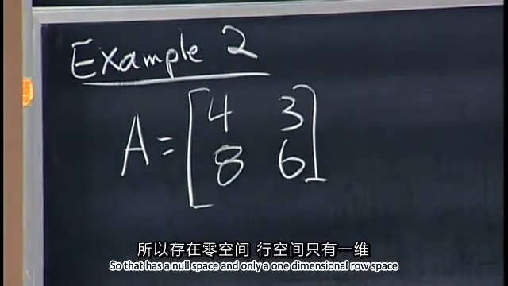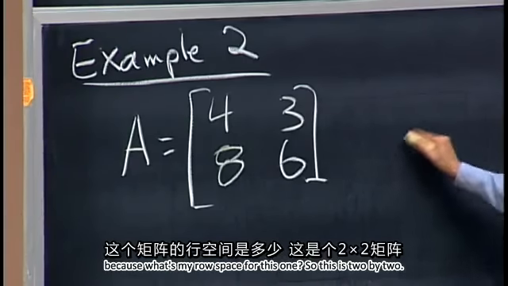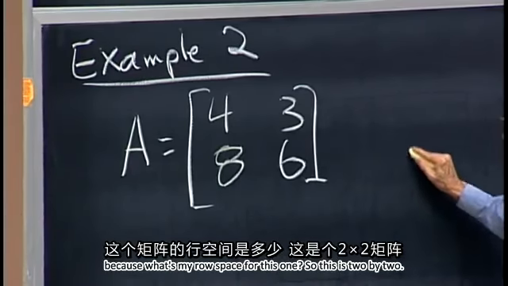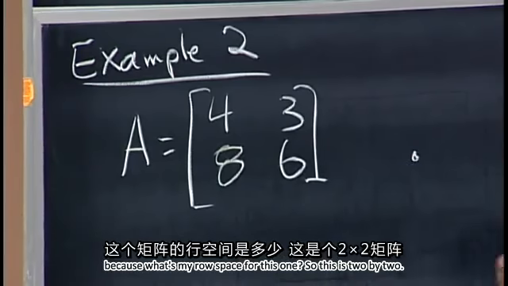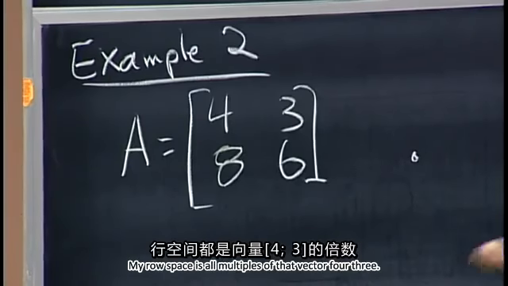So that has a null space and only a one-dimensional row space and column space. So actually, my picture becomes easy for this matrix. So this is 2 by 2, so my pictures are both two-dimensional.